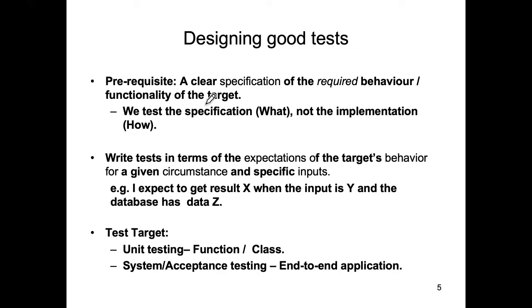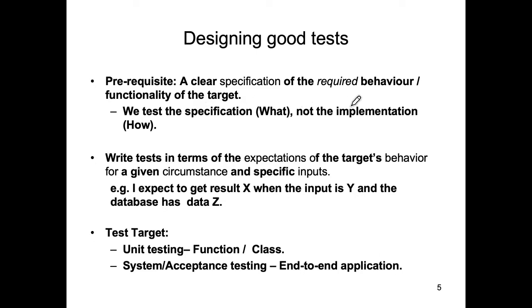So if you're asked to write some tests, what you should not do, even though we probably all fall into that trap, is look at the code of the application that you've been asked to write tests about. You shouldn't do that. What you should do is look at the specification that was provided to the developer who implemented the application code. So your focus is on the specification and you write your tests against that specification rather than against the application code.